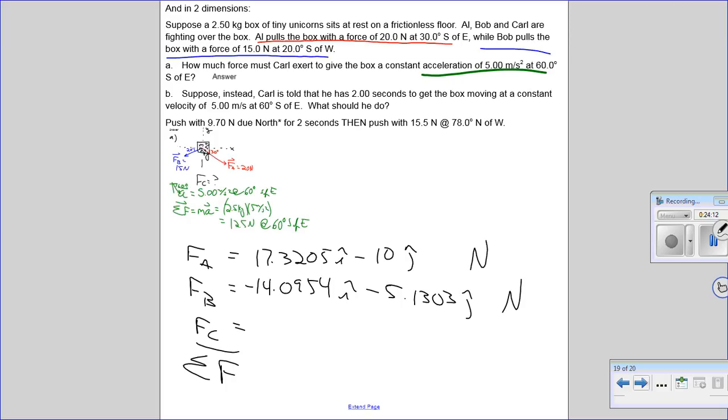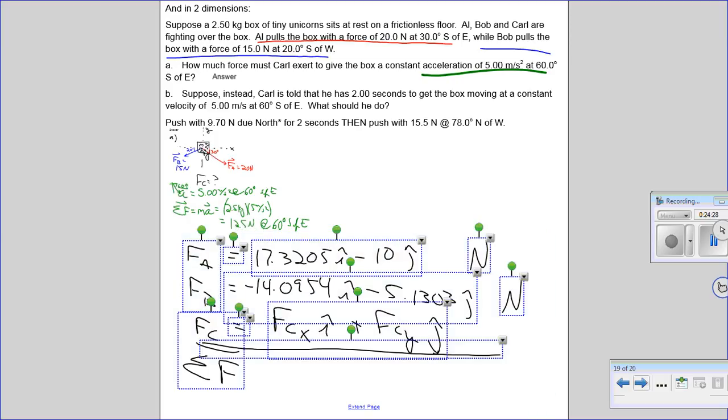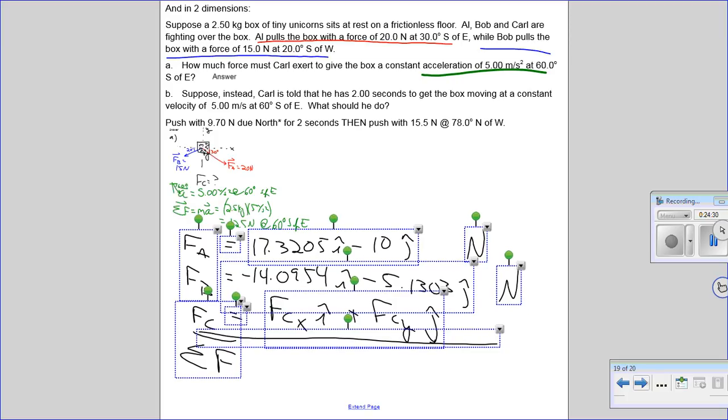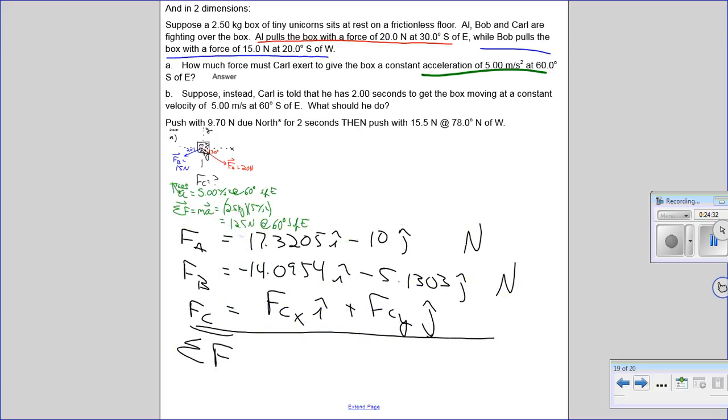Force C, we don't know. So we can call this FCx i plus FCy j.